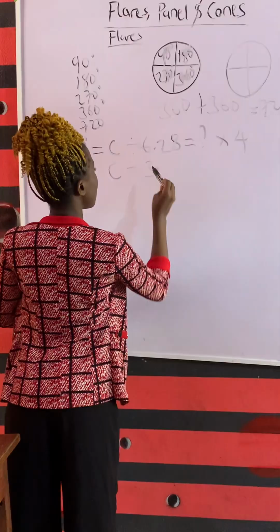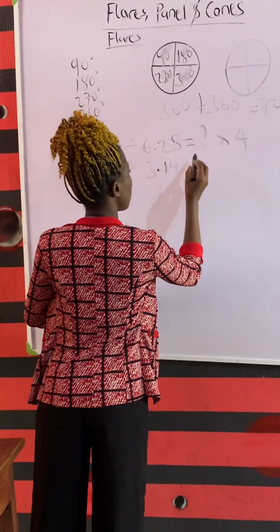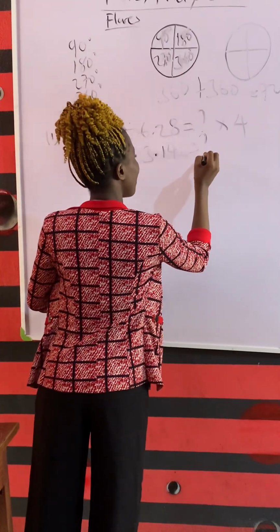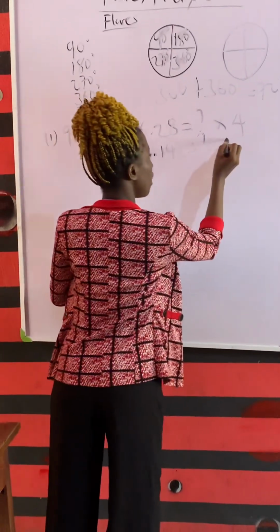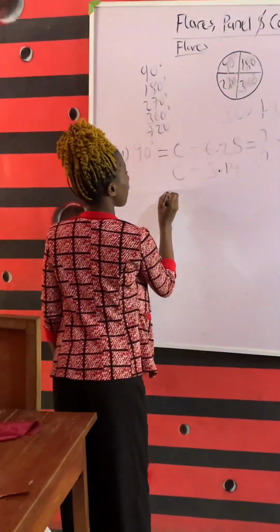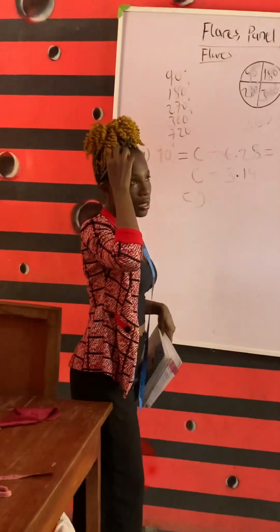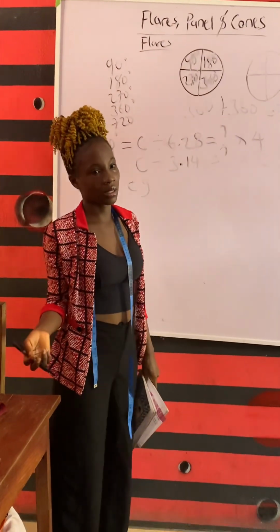The other formula, circumference divided by 3.142 equals whatever it gives us, then we times it by 2. Assuming our circumference, we are using a waist circumference. It might not really be a waist circumference.